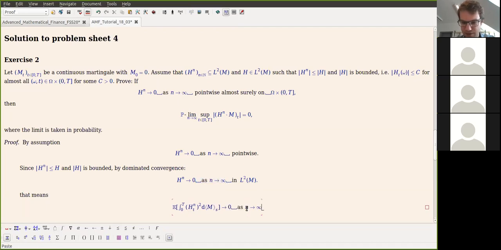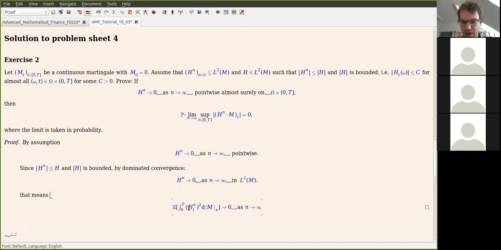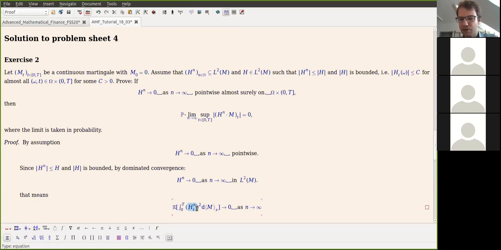Right, this is the definition. And the point by dominated convergence is that I know these go pointwise to 0 and they are dominated by H, so I can interchange the limits, so this goes to 0 as well.